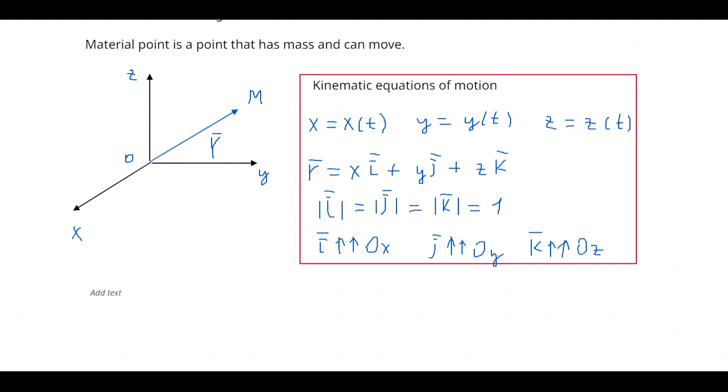Trajectory equations may be obtained from kinematic equations of motion by excluding time.